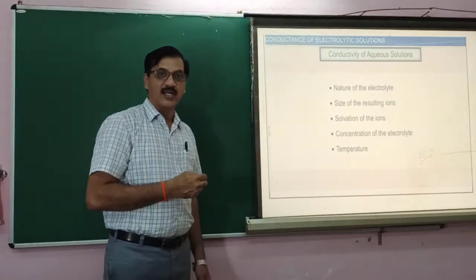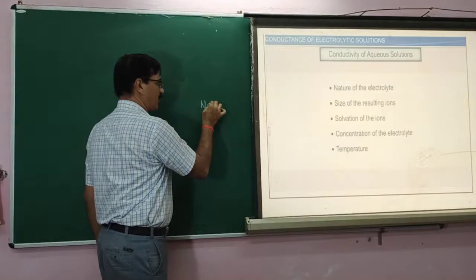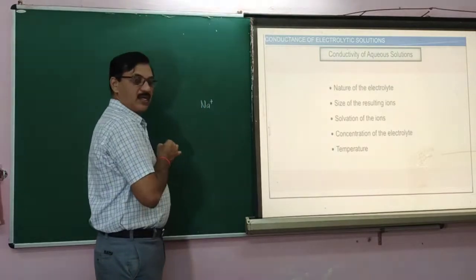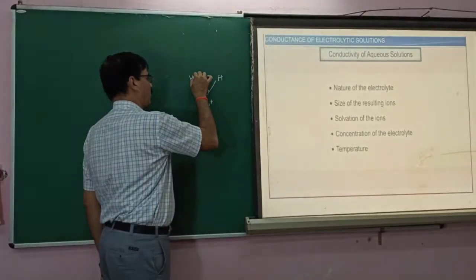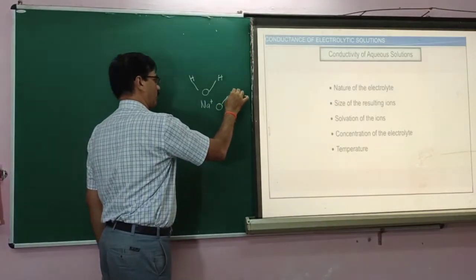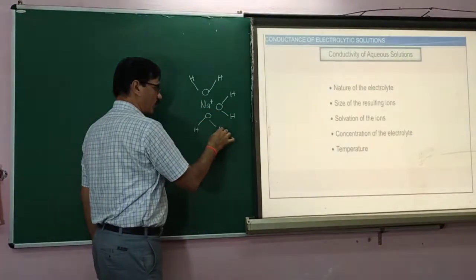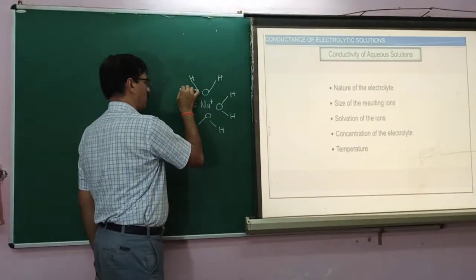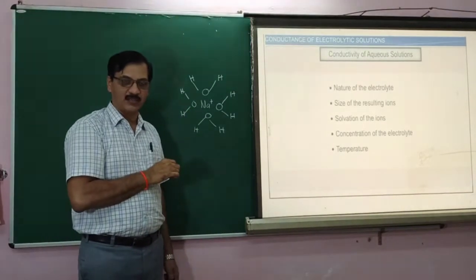And if an ion undergoes solvation, what is meant by this solvation? Suppose there is a sodium ion. It may be surrounded by some number of water molecules in this way. Oxygen pointing towards sodium ion and the hydrogen away from sodium ion.